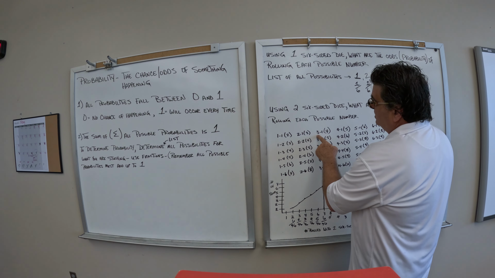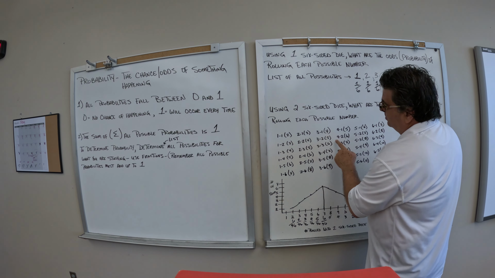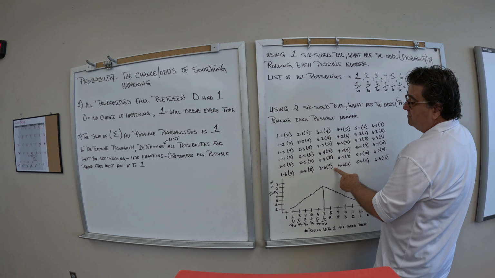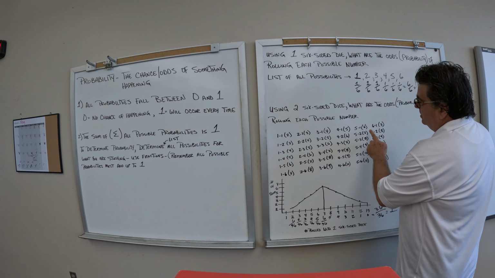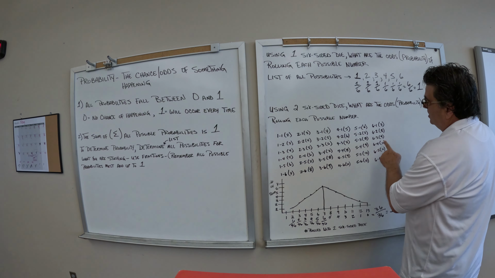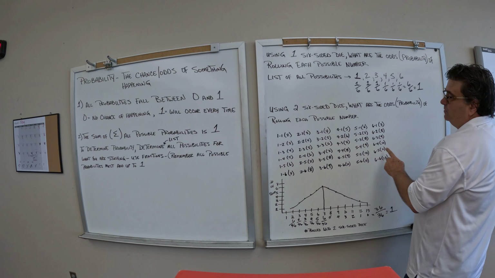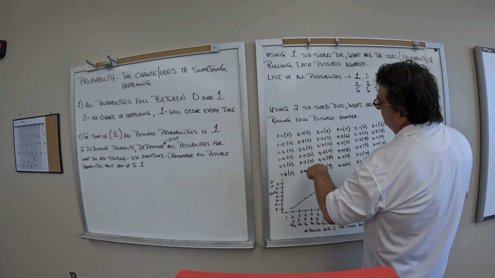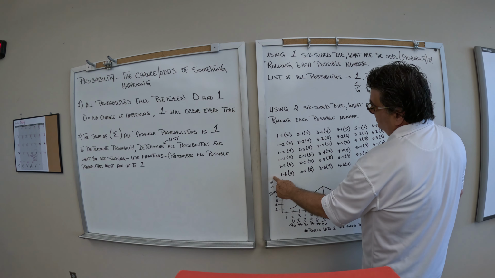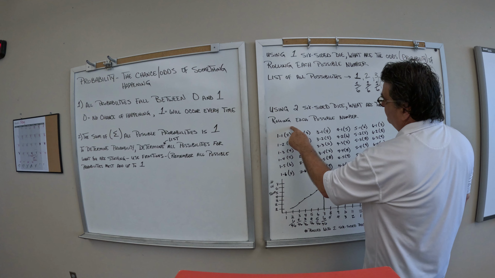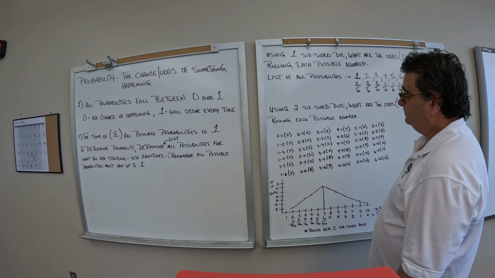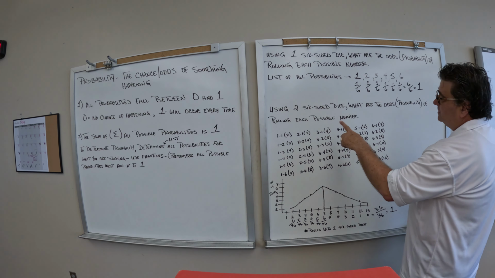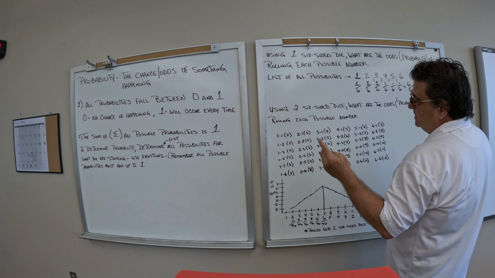I turn it to a 3. With the 1, I get 4, 5, 6, 7, 8, 9. Here's all the possibilities with a 4, all of them with a 5, and all of them with a 6. When you do this and you look all the way around here, I have 6 in the column. I have 6 rows of 6, so 6 times 6 is 36. That's all the possibilities with 2 6-sided die.